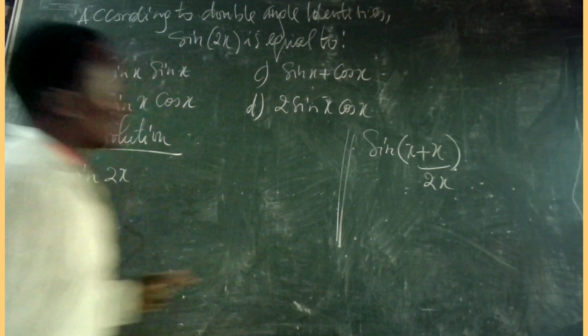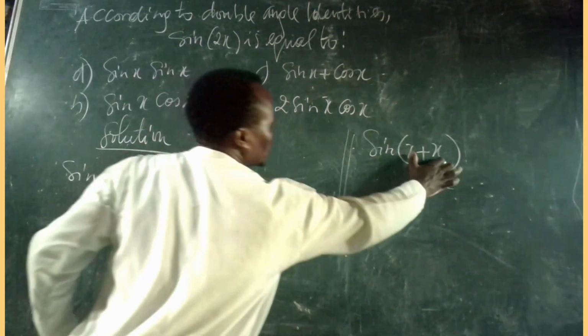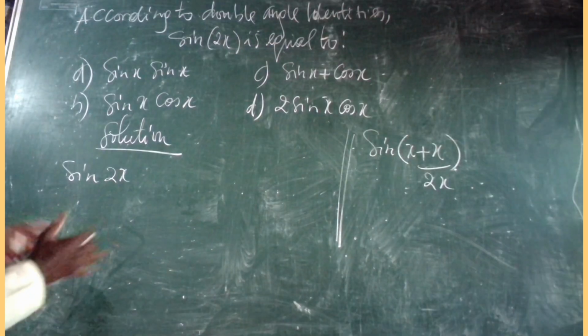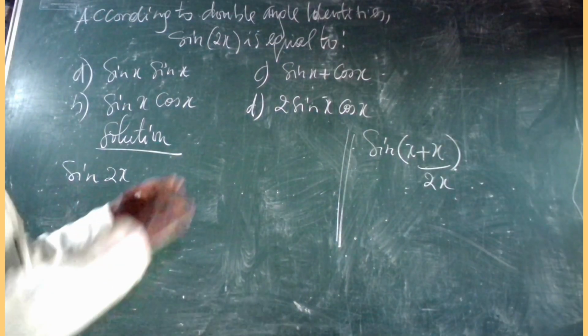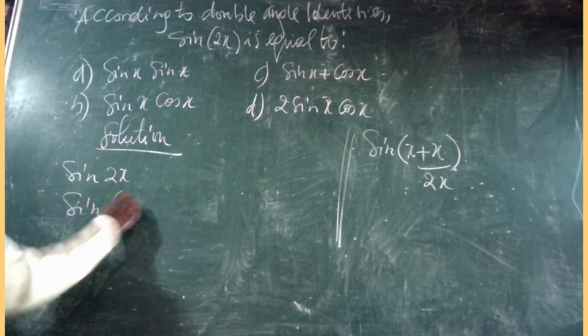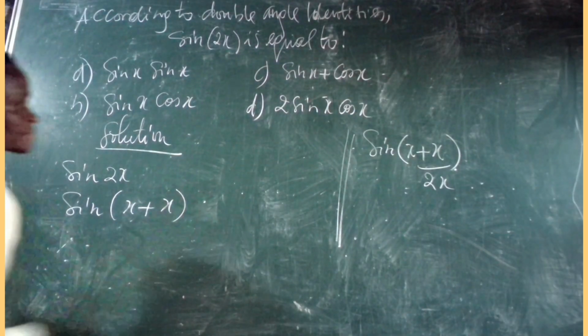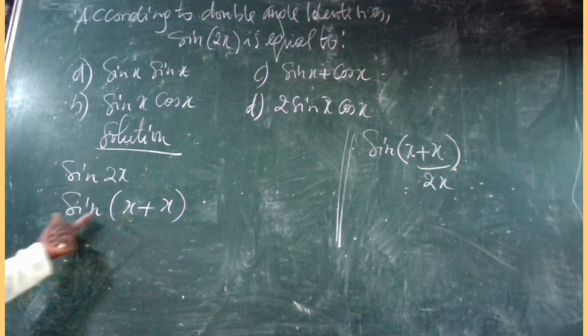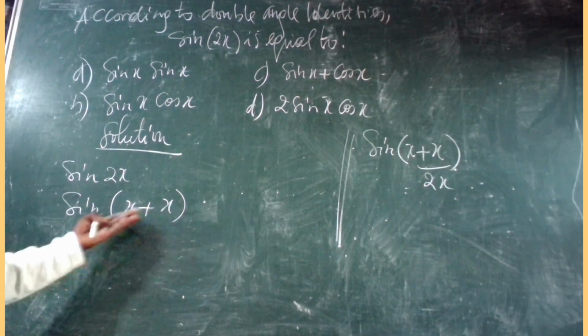Now we are going to put this one in the place of this one. It means it is the double identity from addition. Now we have sine of x plus x.